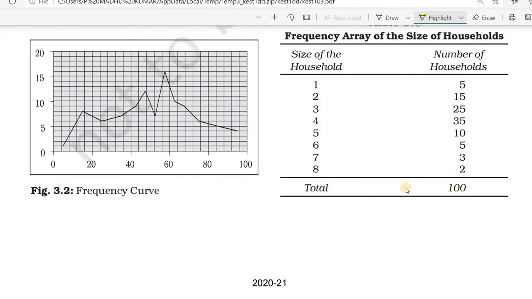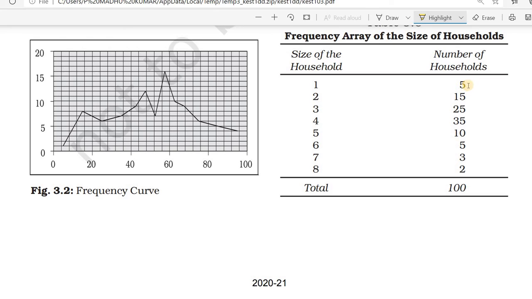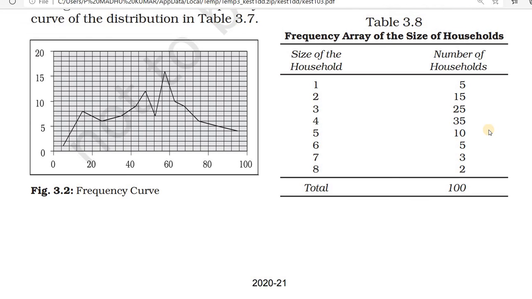There are no intermediate values between 5 and 15. Since there are no classes in a frequency array, there would be no class intervals. That is the reason there are no class intervals.